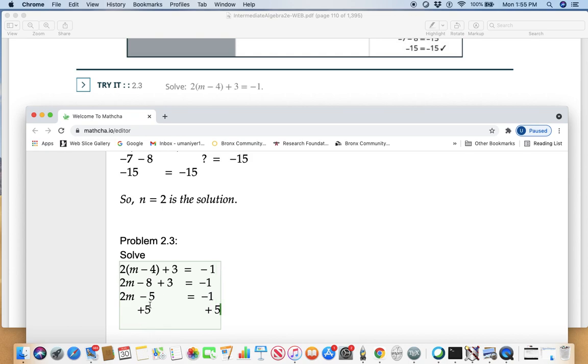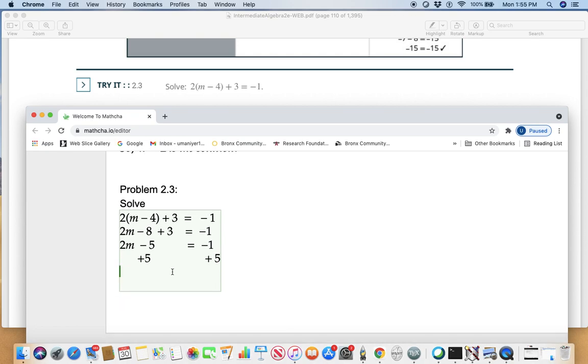Remember, whatever you do to one side, you must do to the other side in an equation. So the subtraction by 5 and addition of 5 cancel. I'm left with 2m here, and negative 1 plus 5 is positive 4.